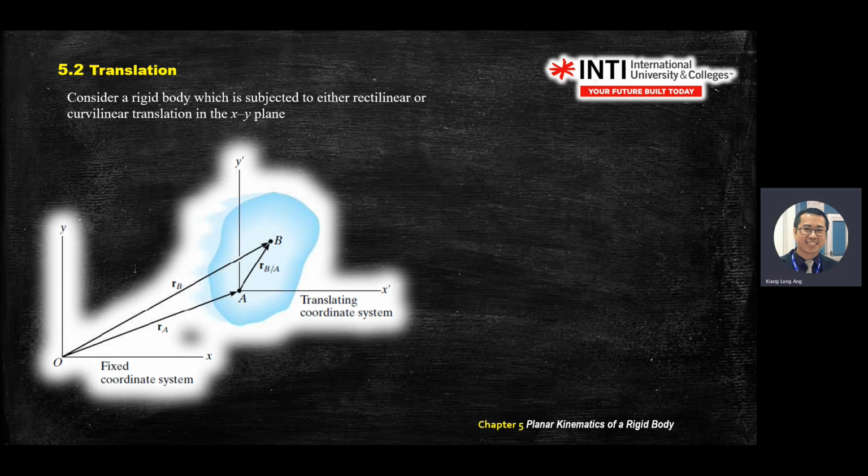Because normally after chapter 5, this is the final answer we're looking for. Then, what vector equation can you write? Yeah, vector equation. What plus what is equal to what?